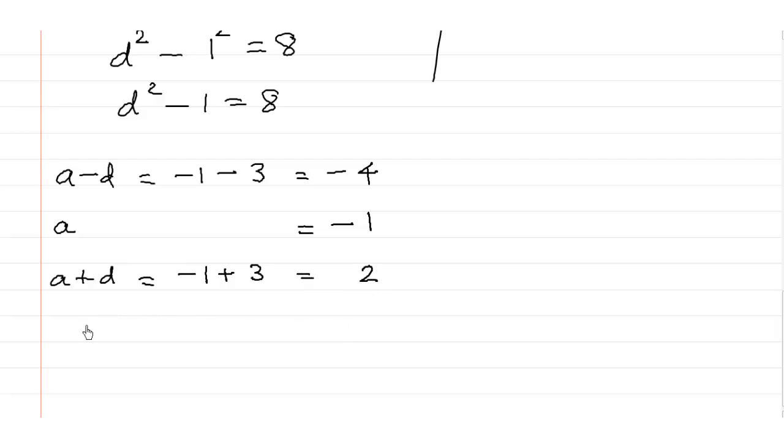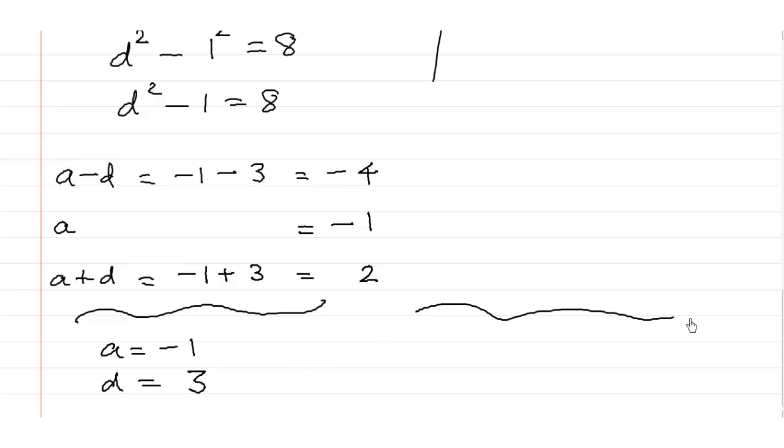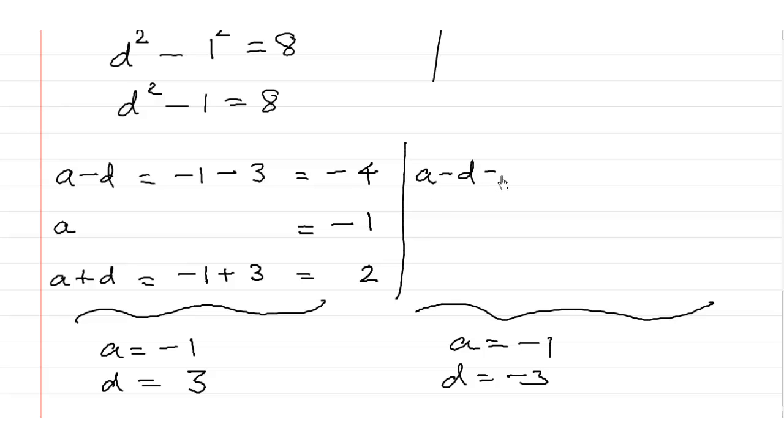So remember, this is the particular case where we took a is equal to minus 1 and d is equal to 3. Now we'll have a particular case in which we'll take a is still minus 1 but d is negative 3. So in that case, a minus d would be minus 1 minus of minus 3, which is minus 1 plus 3, which is equal to 2.